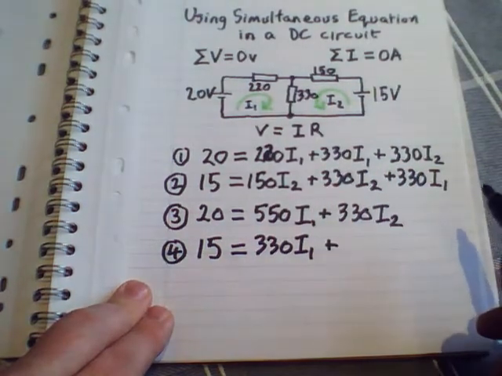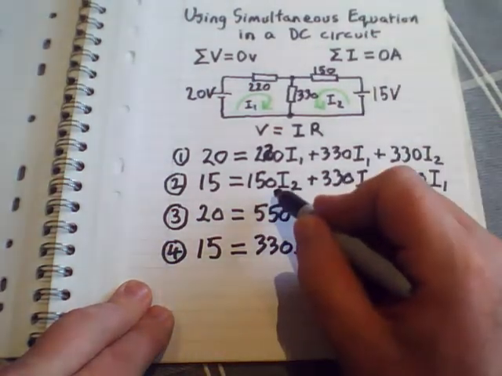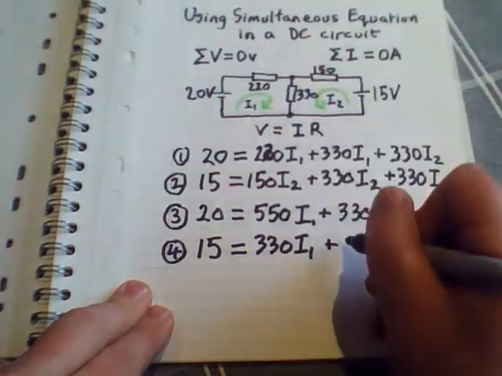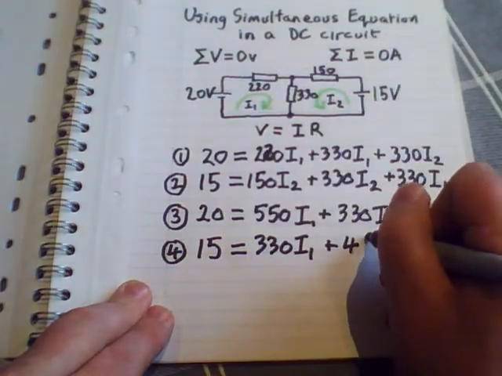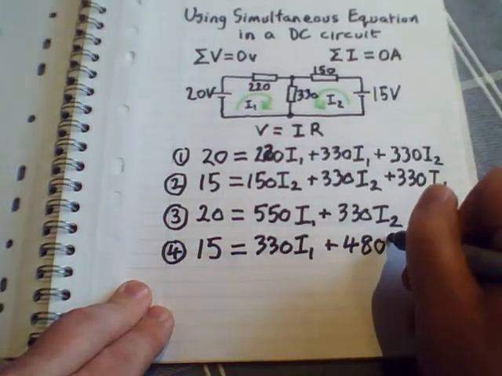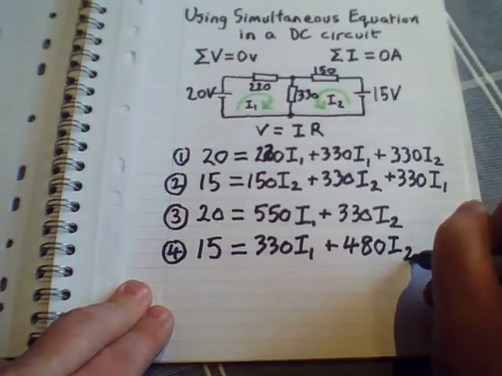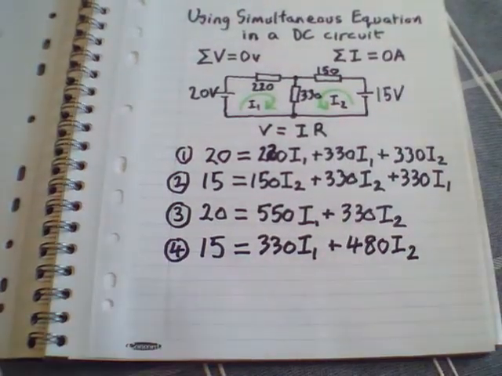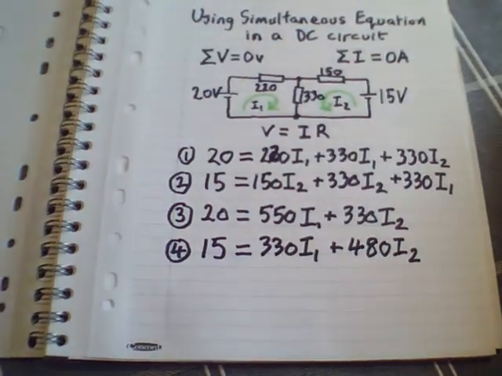And then I'm going to add the two I2s together. So 480 I2.